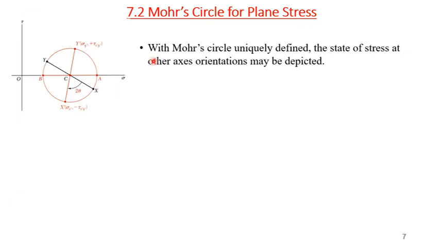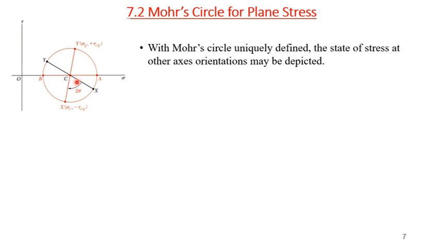Now using that Mohr circle, we can find the stresses on different orientations. For example, sigma x, sigma y, tau xy, that was the original orientation. Now I'm interested in what the stresses will be if I rotate the element by angle theta.